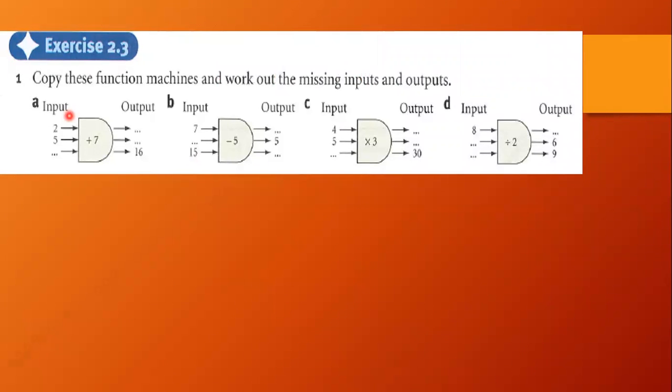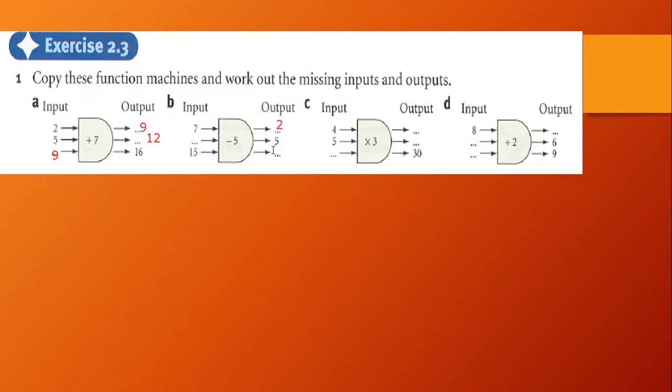So the answer of this question, as I told you, here I write. Here is 9, here is 12, and this we are moving backward, so it is equal to 9. Likewise we are solving the other parts, like 7 minus 5, 2.